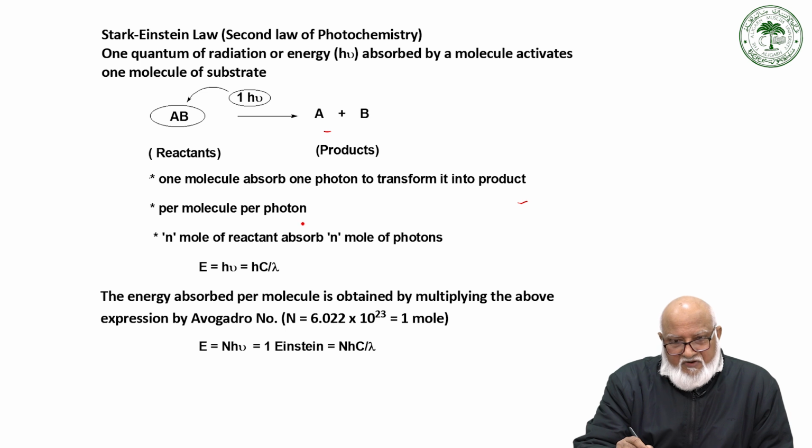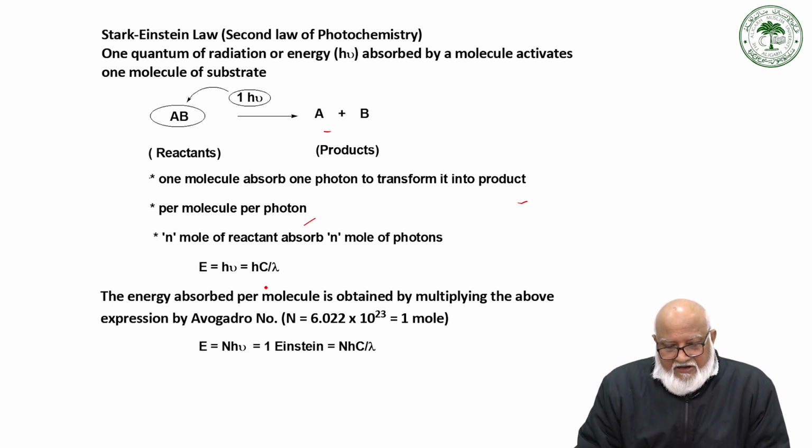Per molecule, per photon: n is the mole of reactant absorbed and n is the mole of photon. So E is equal to h nu or hc by lambda. Energy absorbed per mole is obtained by multiplying the above expression by Avogadro number. So this is the expression: E equals N A h nu, which is 1 Einstein, equal to N A hc by lambda.